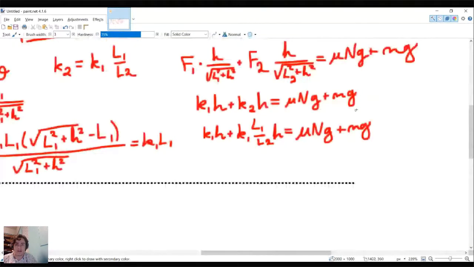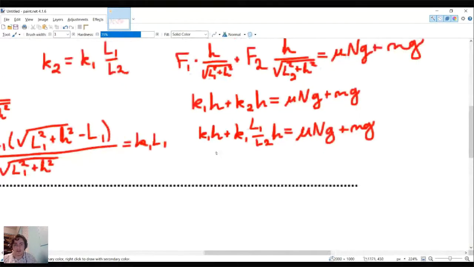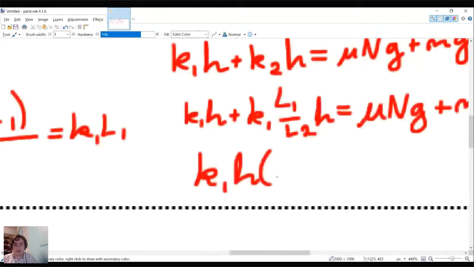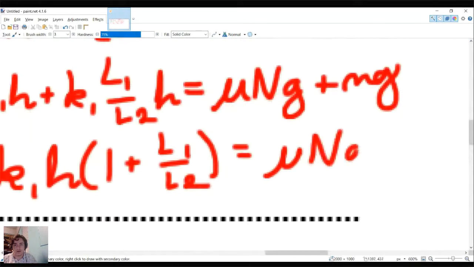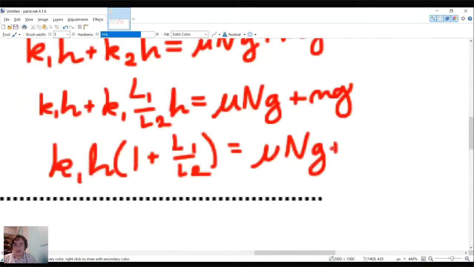And now we can factor K1H out. So now we get K1H times 1 plus L1 over L2 is equal to mu ng plus mg.